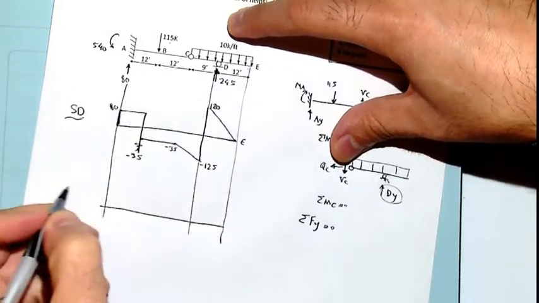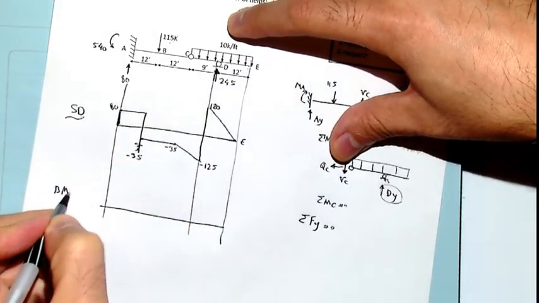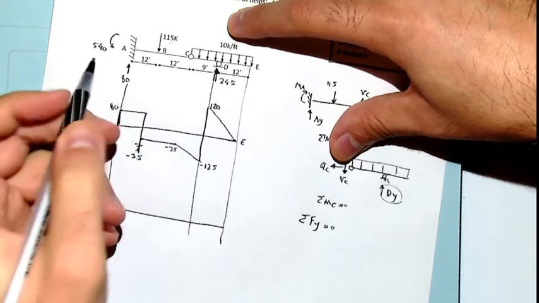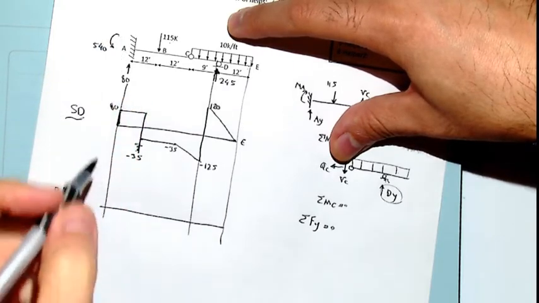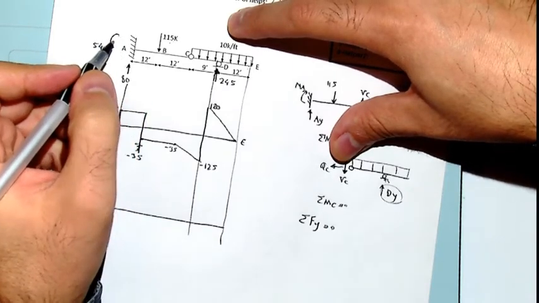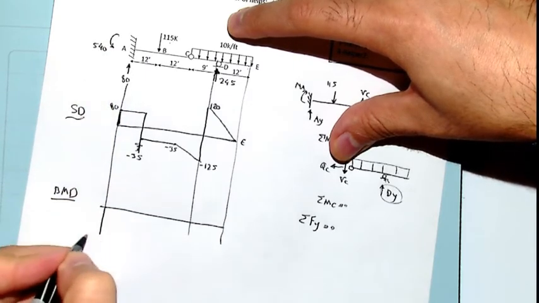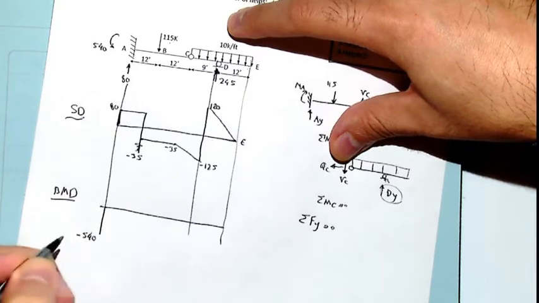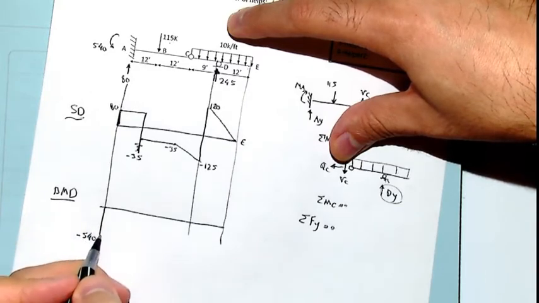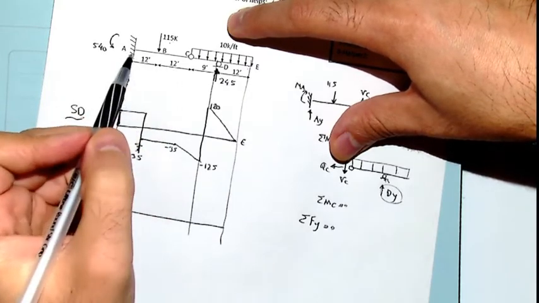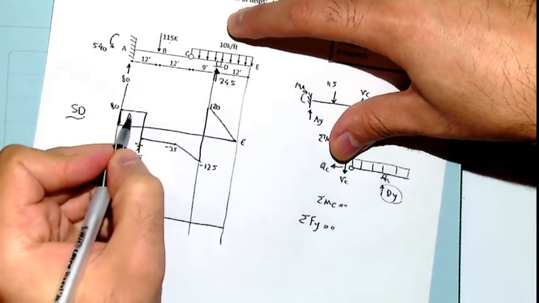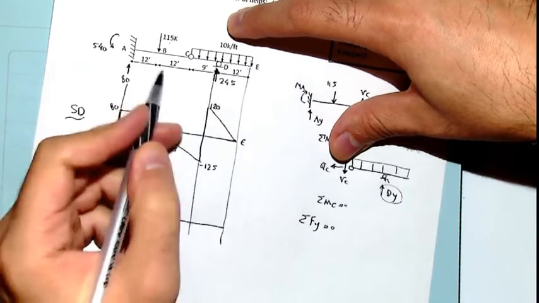Now go for calculation of the bending moment diagram. Don't forget we have a concentrated moment for this case, which is counterclockwise, so it would be minus 540. Then from here, I go further from A to B. I calculate A1, which is 80 multiplied by 12.